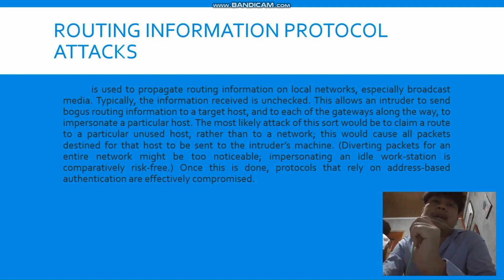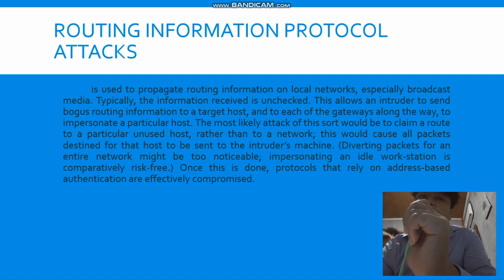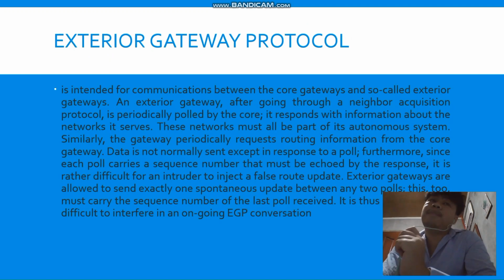This would cause all packets destined for the host to be sent to the intruder's machine. Diverting packets for an entire network might be too noticeable. Impersonating an idle workstation is comparatively risk-free. Once this is done, protocols that rely on address-based authentication are effectively compromised.